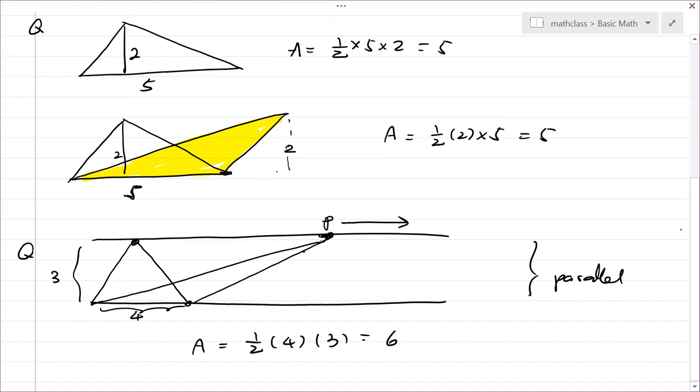And you can draw a very long triangle. So remember, the area of a triangle only depends on the base and height. It does not depend on the shape of the triangle. It could be a very long triangle. Okay, this is an important fact.